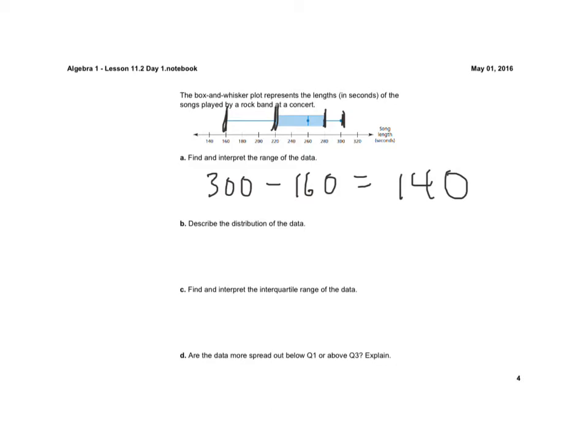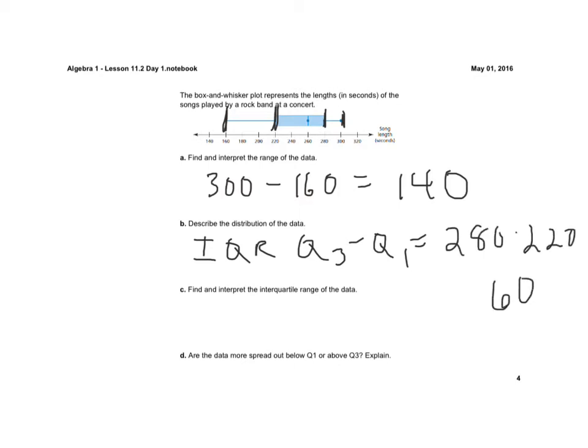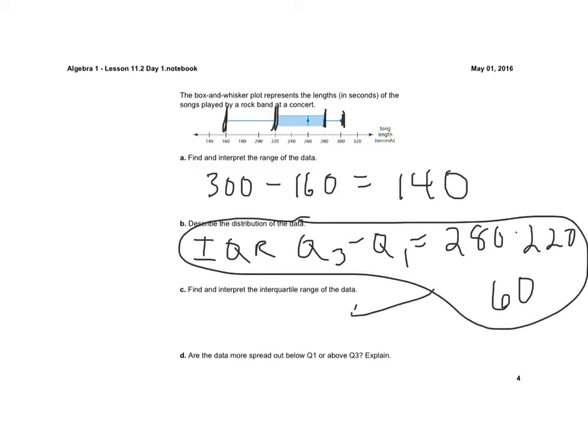And then this interquartile range, which is the Q3 minus the Q1, is 280 minus 220, which is 60. So it says find and interpret the interquartile range, and so I kind of jumped ahead of myself. So the interquartile range right here is 60.